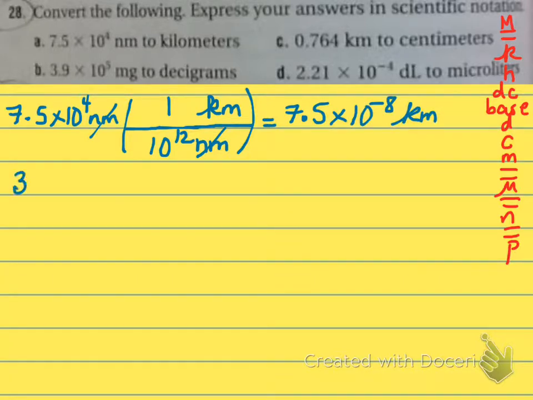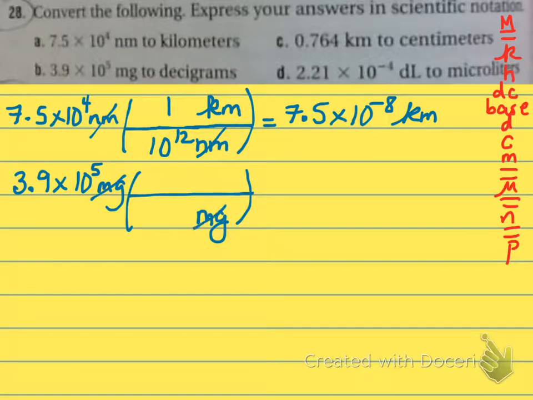Letter B, 3.9 times 10 to the 5th milligrams. Milligrams go in the denominator, and we're going to decigrams. A milligram and decigram, of the two of them, the decigram is larger, so I make that 1.